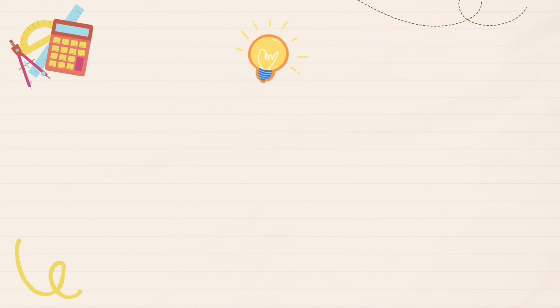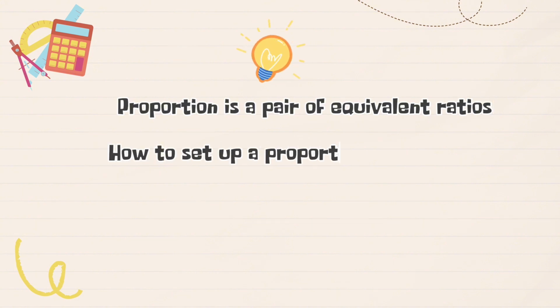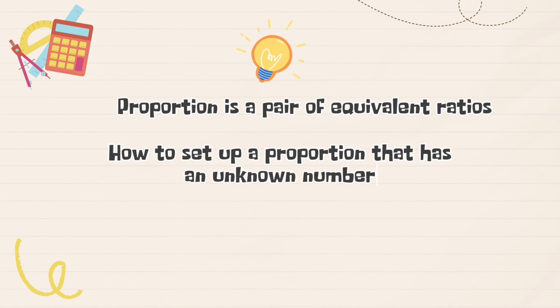Alright, so in this video, we've learned that a proportion is a pair of equivalent ratios, and we learned how we can set up a proportion that has an unknown number, and then find out what that number is by cross-multiplying.